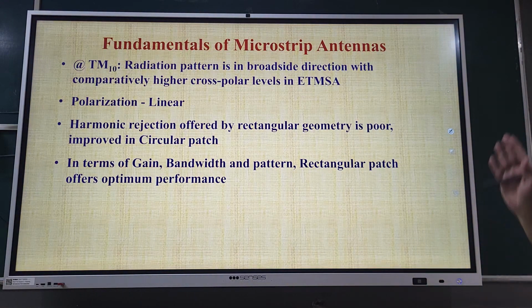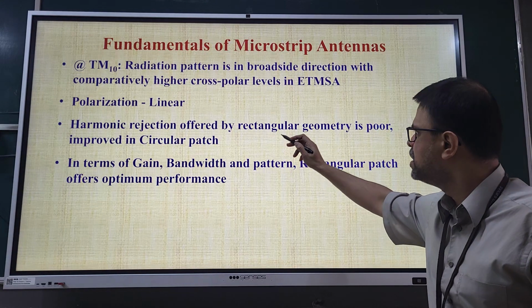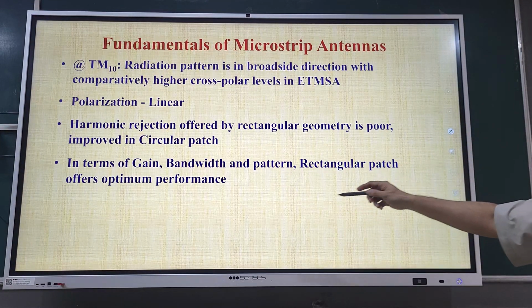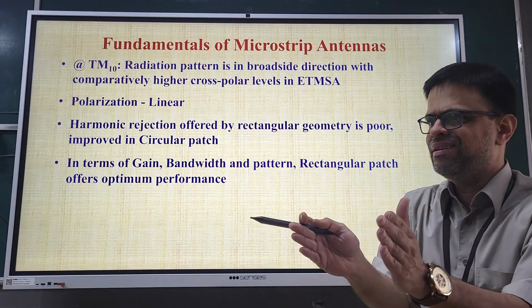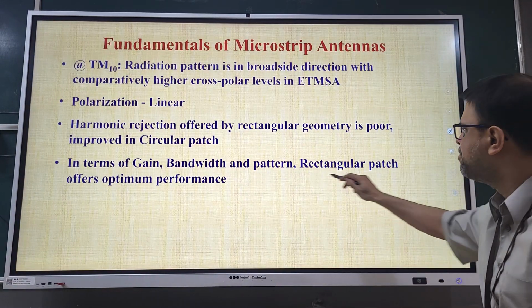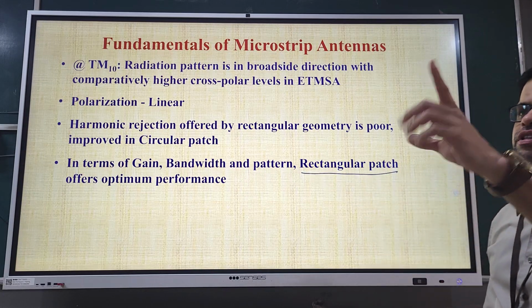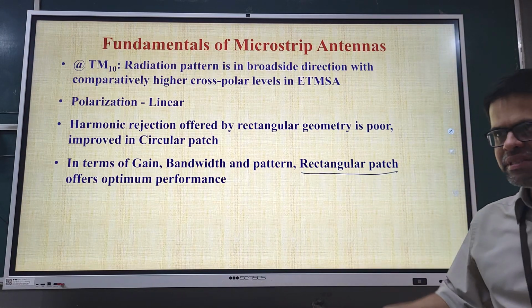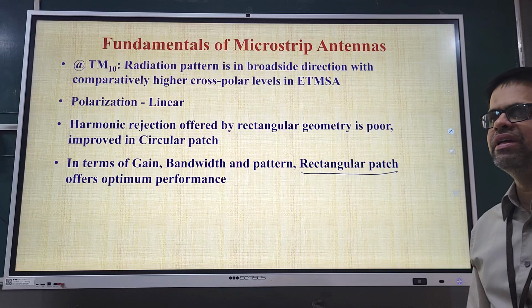Just to sum up, the PM10 mode radiation pattern of ETMSA is broadside, polarization is linear, and harmonic rejection is better in circular patch. If I put together gain, bandwidth as well as radiation pattern, definitely rectangular patch offers the optimum performance. We have said CMSA offers maximum bandwidth.